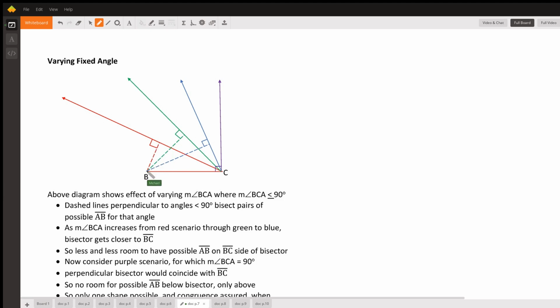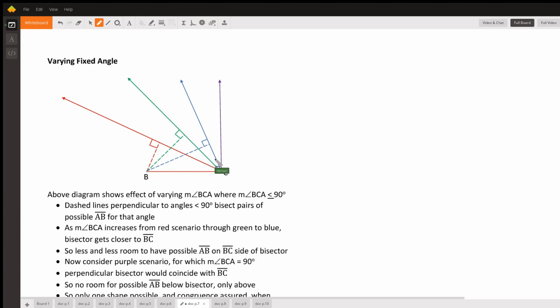So for example, with this one, if we had that, we could also have that, and this would be right in the middle between this scenario and this scenario. And the same with the green, and the same with the blue. This would be right halfway between that scenario that works and that scenario that works.